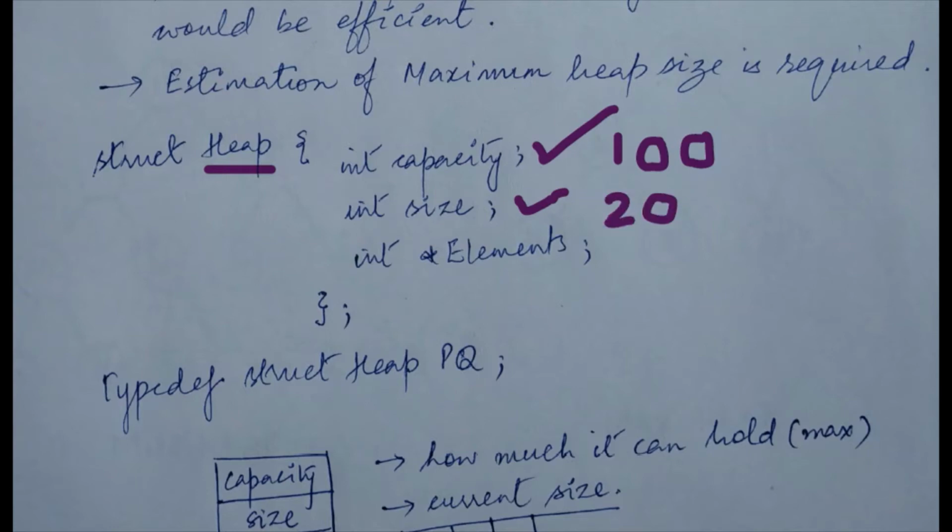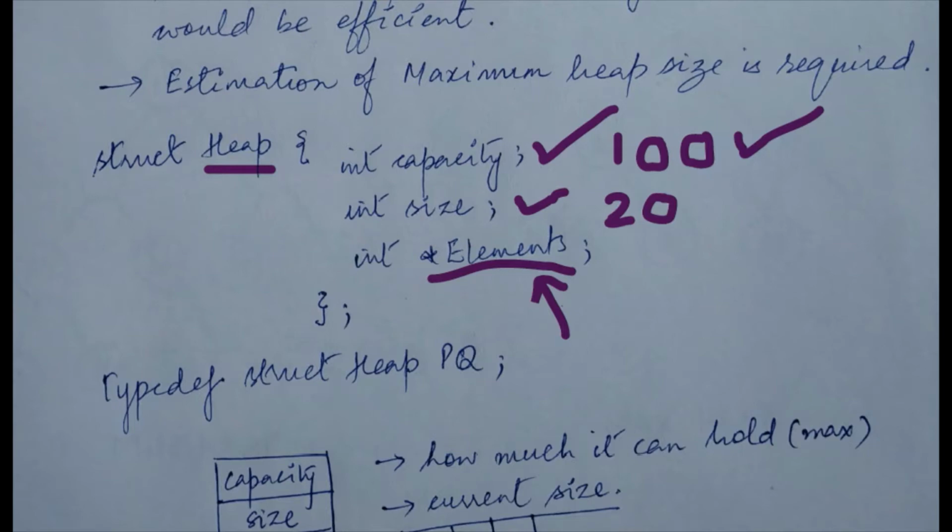Then I also declare a pointer of type int. My heap is going to have int elements, so that is my type of heap. What is this pointer? This pointer will hold the base address of the array that I'm going to declare based on the capacity of the heap. So if as a programmer I decide, or I ask the user what capacity you want in the heap, you'll say 100. So I'll allocate a memory block of 100 integers, and the start pointer of that single block of 100 integer space will be allocated to elements.